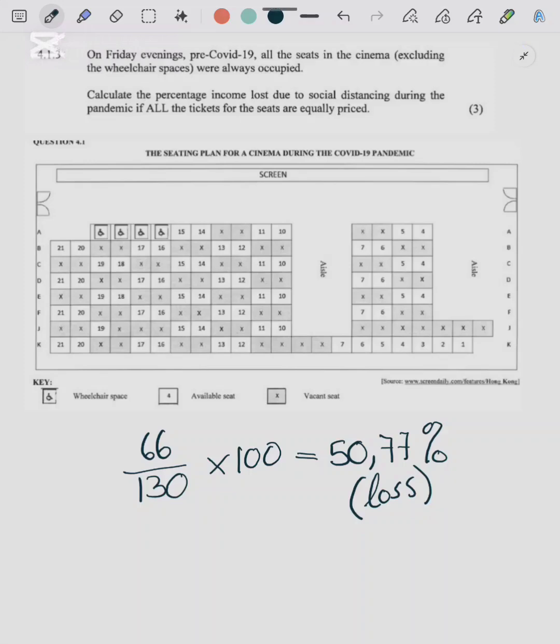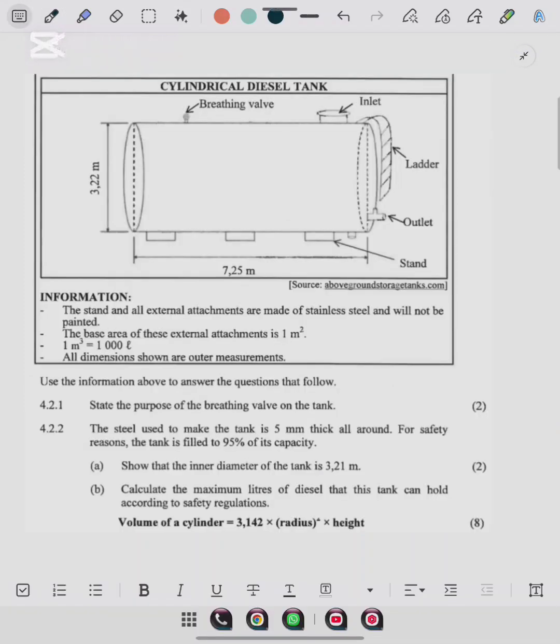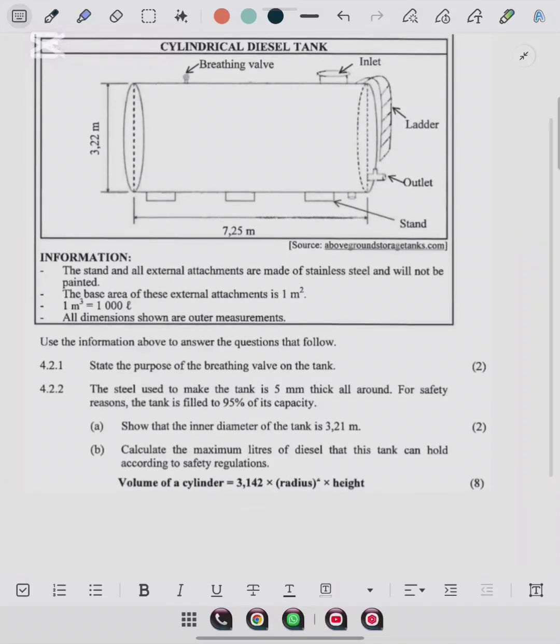Right, let's go to 4.2. Alright, 4.2.1 says state the purpose of the breathing valve on the tank. Okay, admittedly, this is a bit of a general knowledge question. And we know this is diesel. Diesel is a type of petrol, and we know there are fumes involved when you've got chemicals like petrols and diesels around.